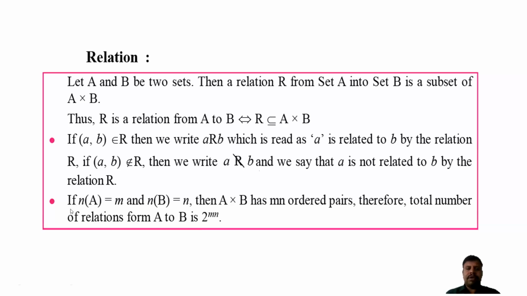If the number of elements in A is m and the number of elements in B is n, then A cross B has mn ordered pairs. Therefore, the total number of relations from A to B is 2 power mn.